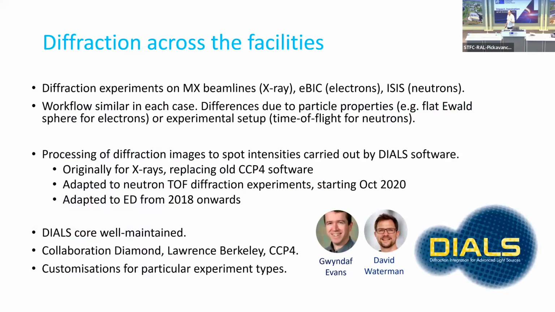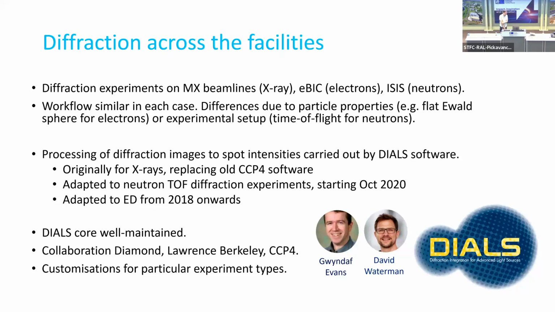More generally for diffraction, CCP4 grew up with X-ray diffraction, but of course there's increasingly electron diffraction, I can't remember what we're allowed to call it these days, not microED any longer. Electron diffraction is increasingly popular in the bio world, and neutron diffraction as well.